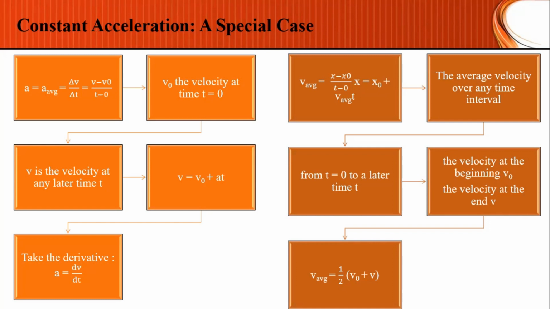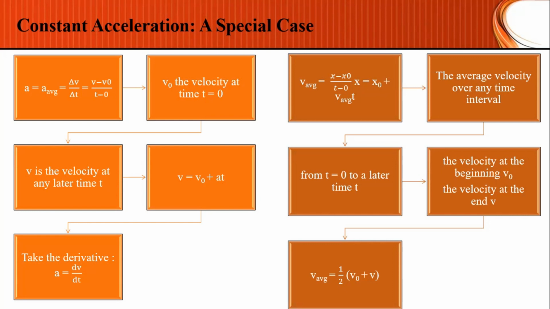We also can write v average equals x minus x0 over t minus 0, and then x equals x0 plus v average t, in which x0 is the position of the particle at t equals 0 and v average is the average velocity between t equals 0 and a later time t.